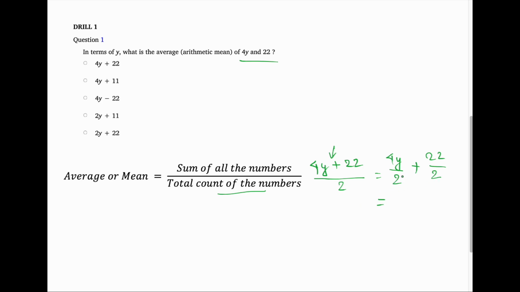This equals 2y plus 11. So this is the mean of the given numbers, which means that this answer is the correct answer.